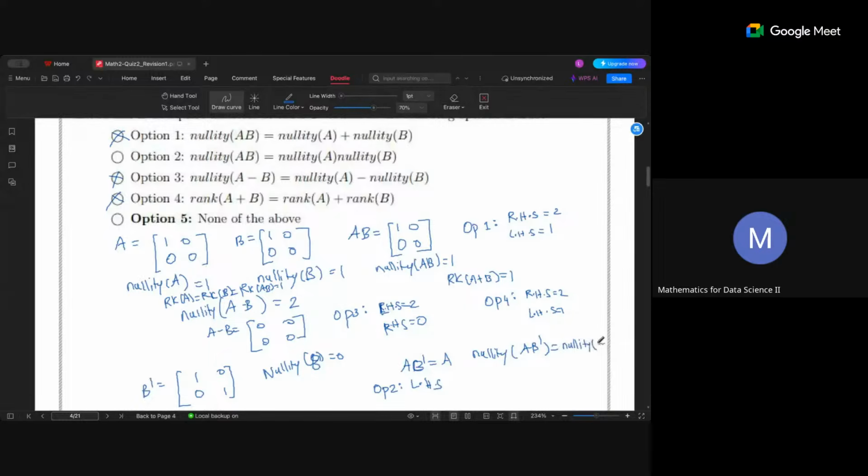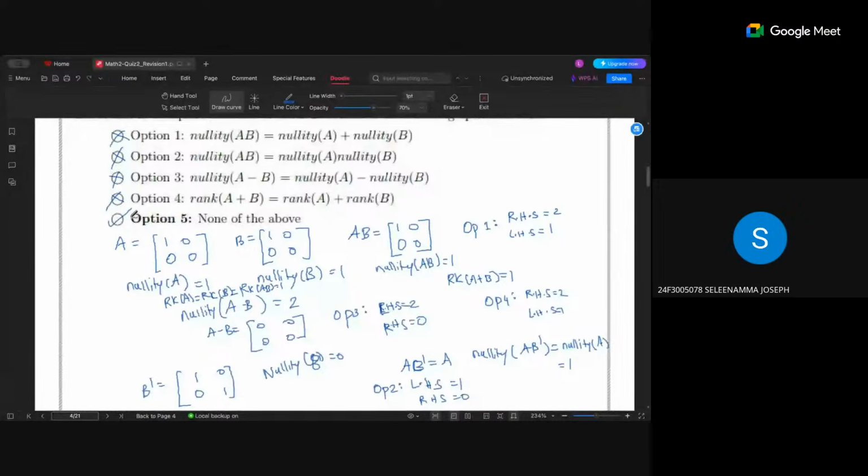So you will get nullity of A is 1. So your LHS is 1, and your RHS, since nullity of B dash is 0, is 0. So you see that this option is incorrect. Okay, fine. So none of the options are correct.